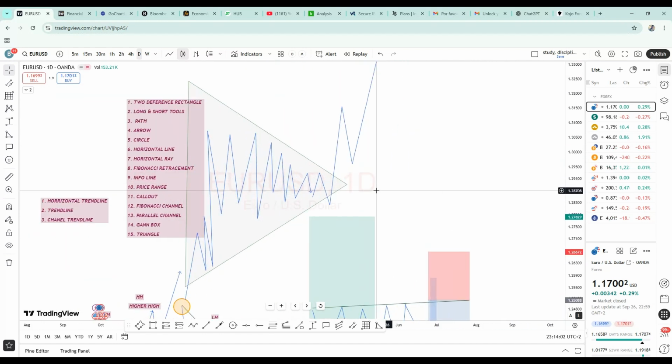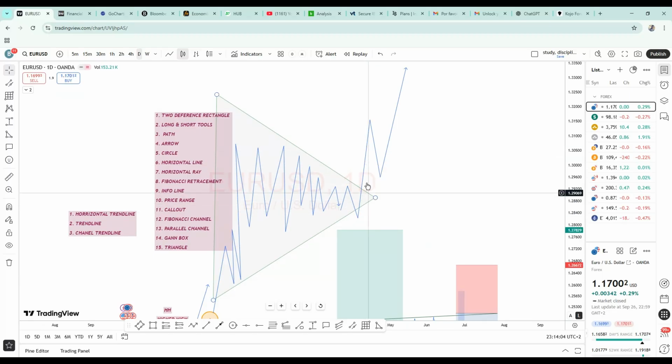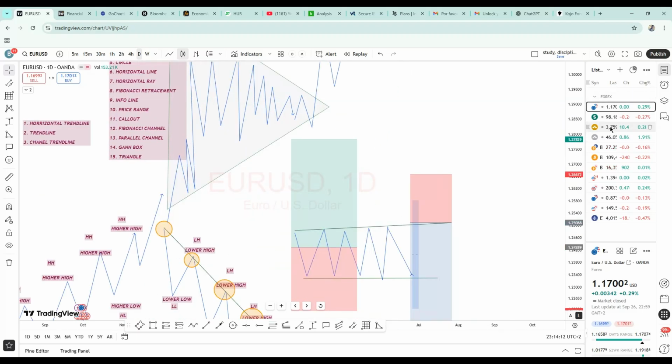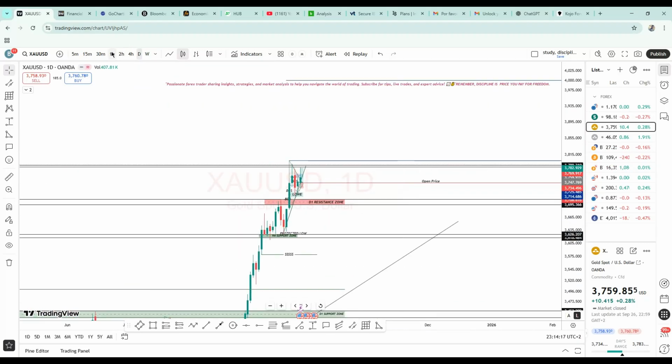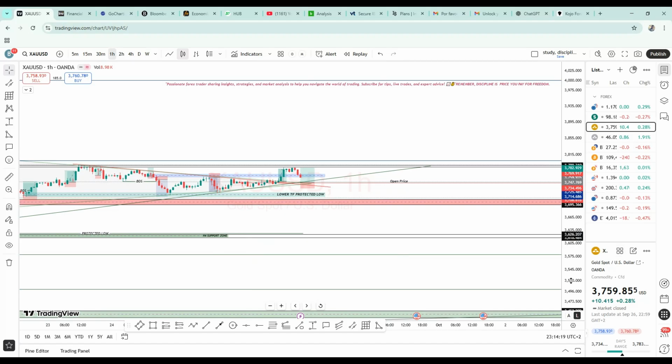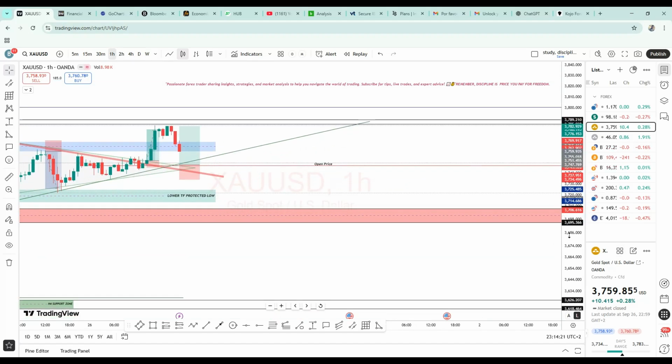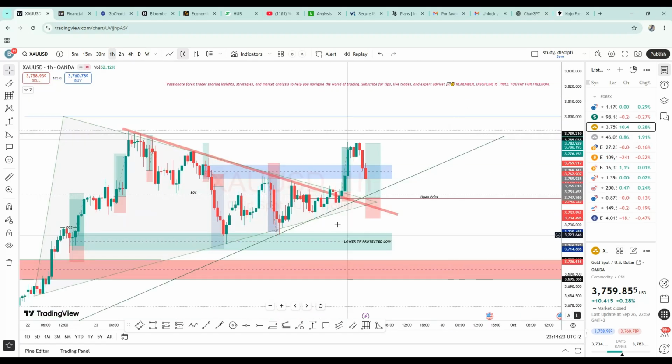After breaking out of the triangle, we're going to have a retracement, which is what is happening right now on the gold chart. You can see the breakout, and then we're having this retest.